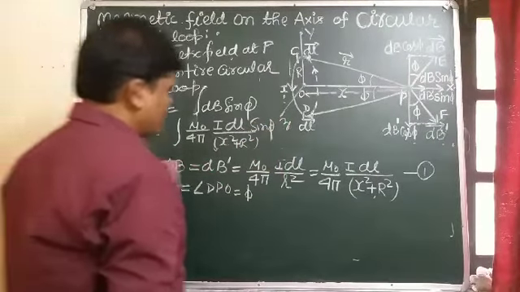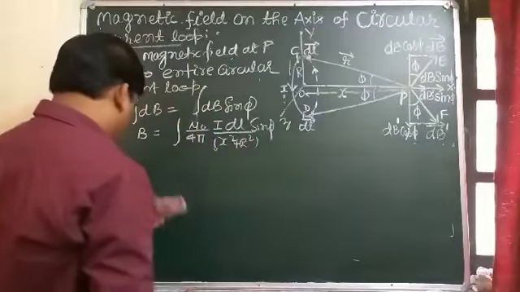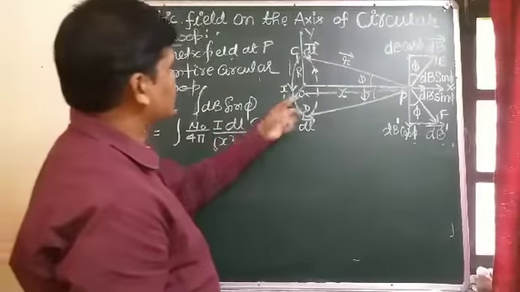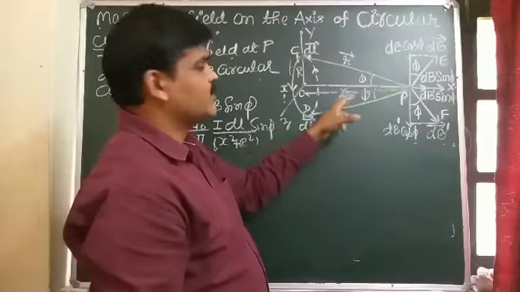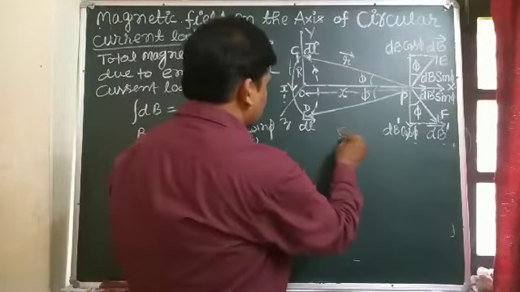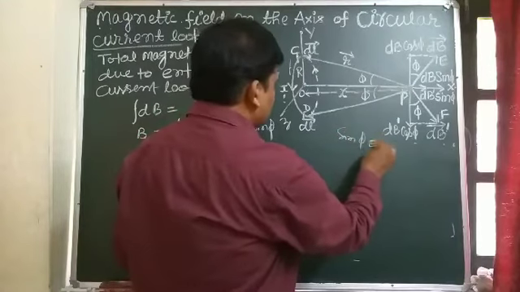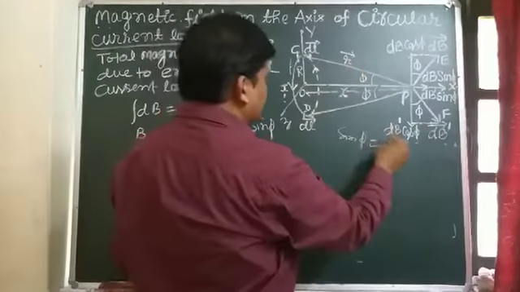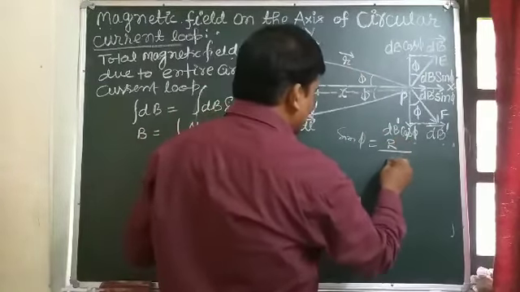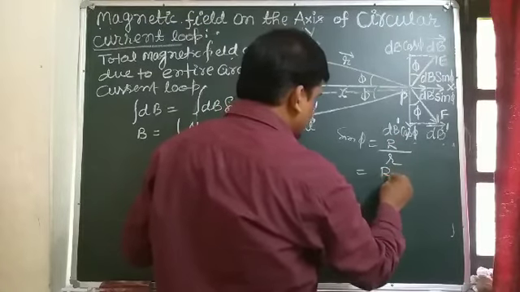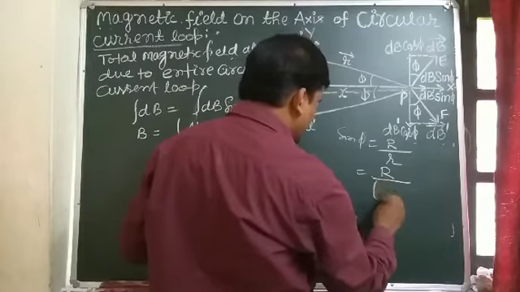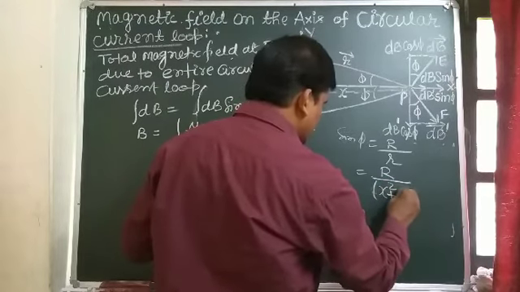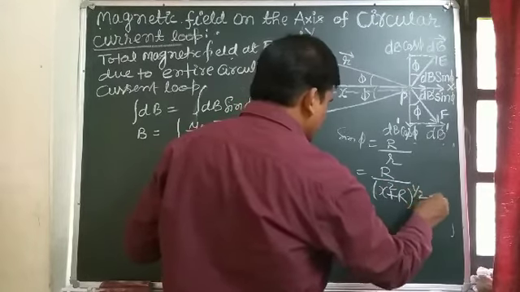And student, from the diagram we can find the value of sin phi. Sin phi in this triangle COP is perpendicular by hypotenuse. So r by the hypotenuse, and the hypotenuse is under root x square plus r square, to the power half.